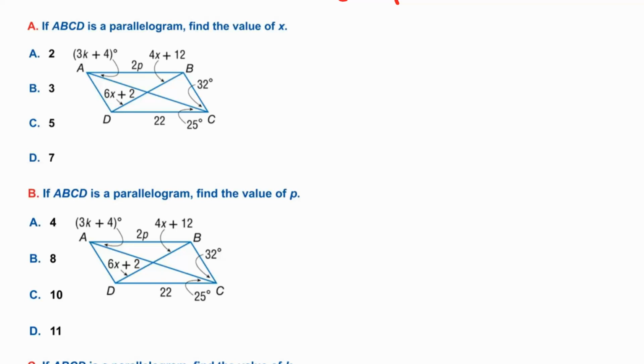We want to find the value of X. X is involved in this diagonal here, so 6X plus 2 equals 4X plus 12.